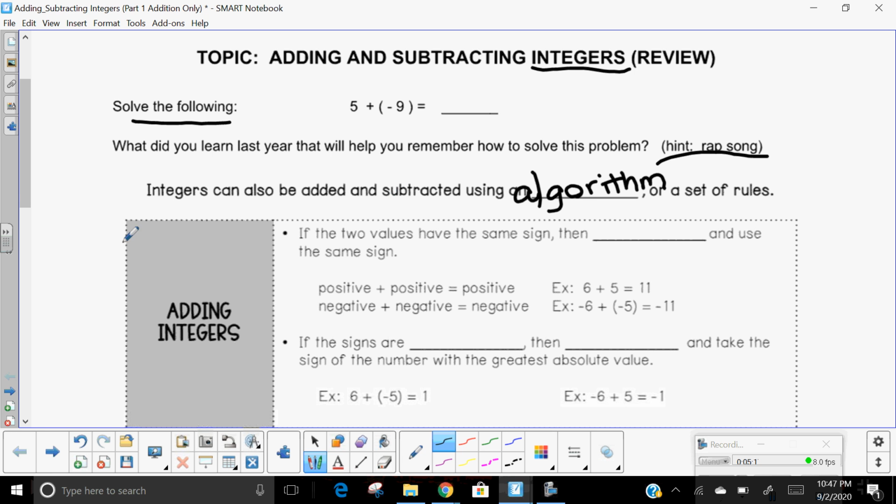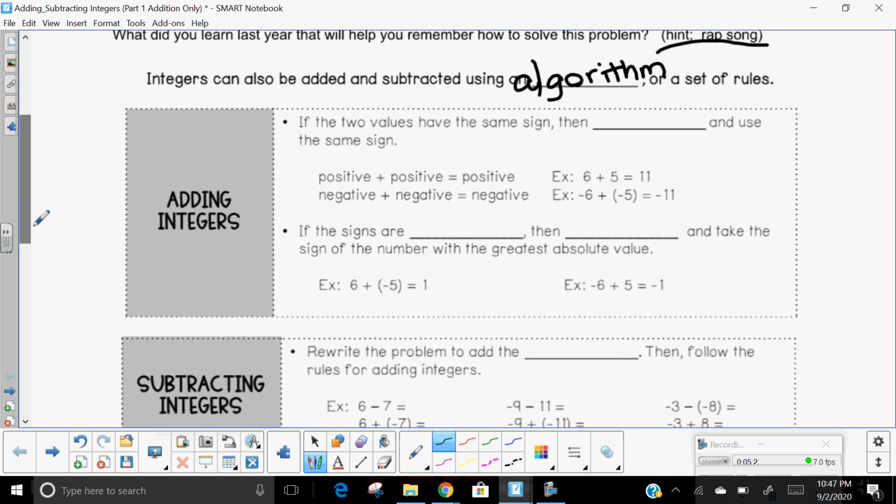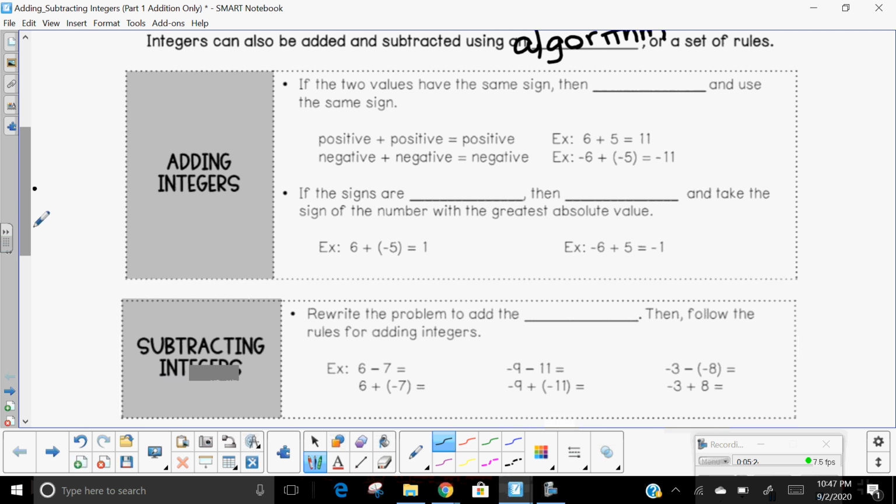So if we look at the rules, adding is up here and subtracting is down here. If we interpret the rules correctly from the song, if the two values have the same sign, then we add and keep the same sign.